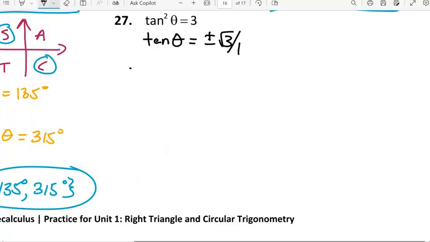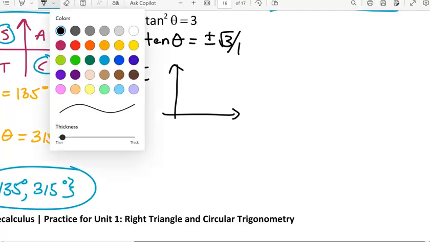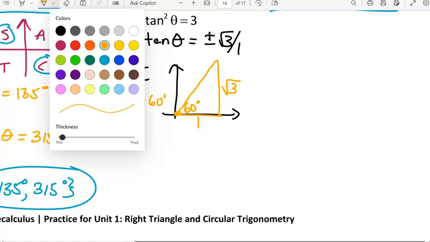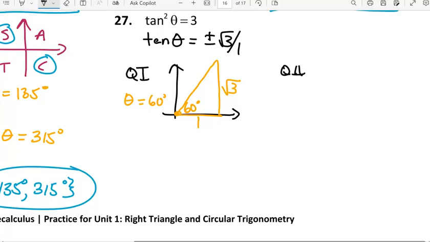So let's draw a quadrant 1 picture. So in quadrant 1, reference triangle, and tangent is the ratio of opposite to adjacent. That's going to be a 60-degree reference angle, so that'll give us a theta of 60. Now let's look at quadrant 2.